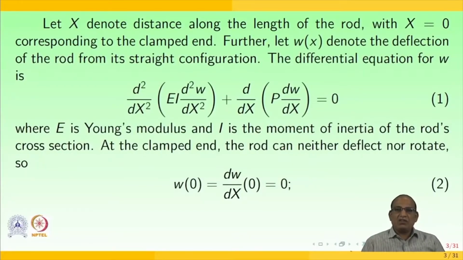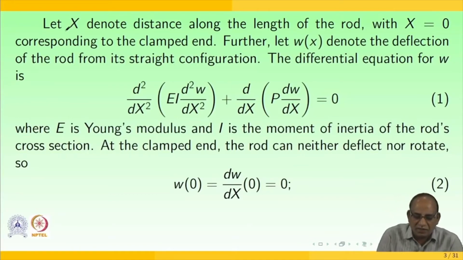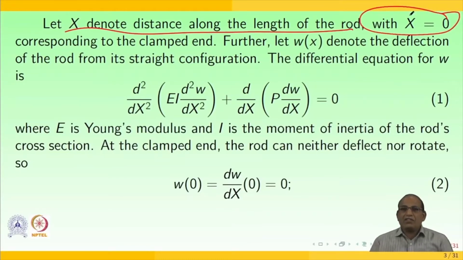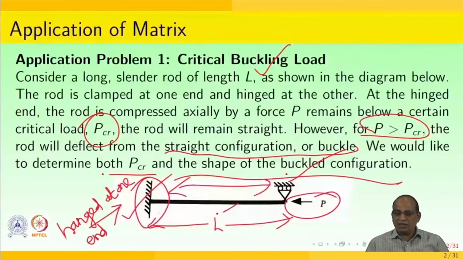Let capital X denote the distance along the length of the rod. So this capital X is the distance along the rod. When X is 0, it corresponds to the clamped end, like the one here.